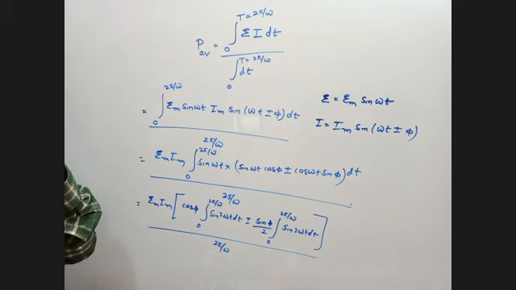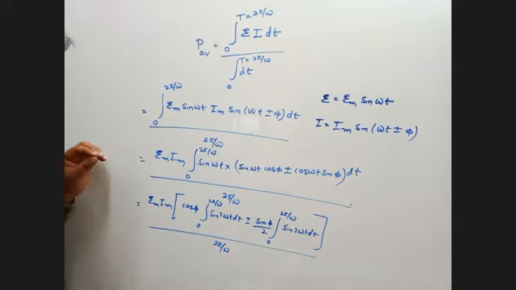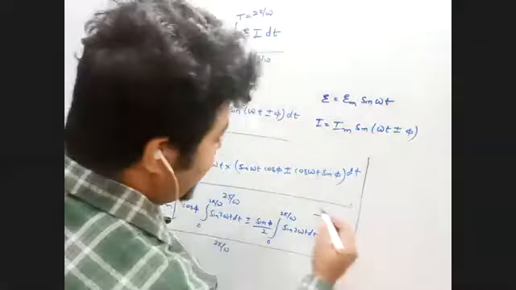And I already mentioned for the RMS value that the integration of sine square omega t dt, you can directly remember, is pi by omega. So you can use these two values directly here.